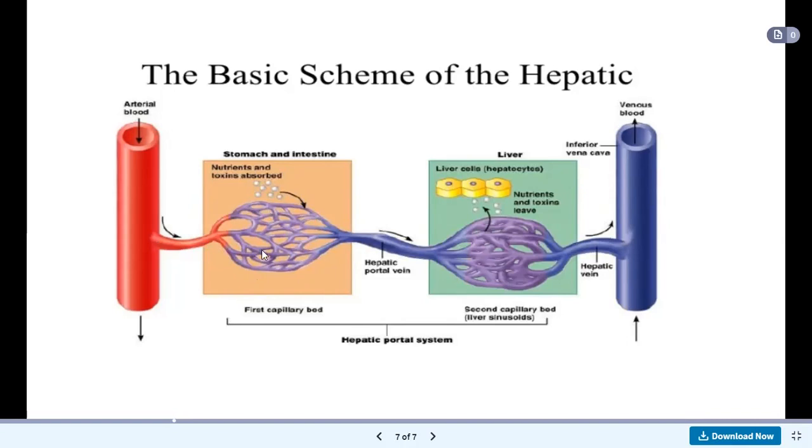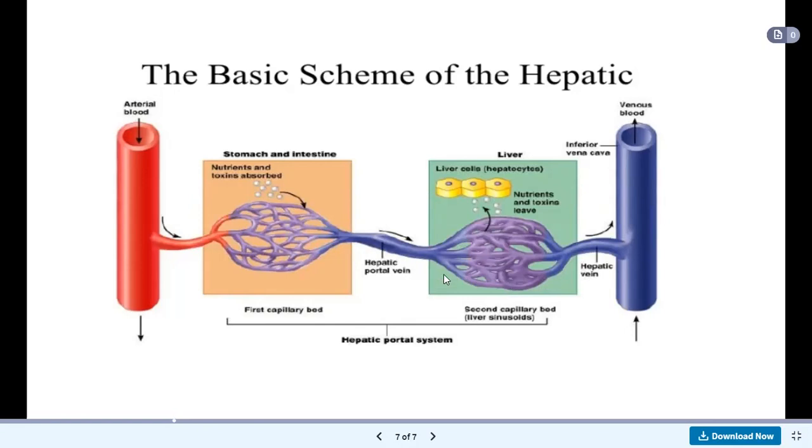And then once that blood has been used, and at the end of digestion also, the nutrients in the food, the digested product, now enter the hepatic portal vein, and brings the nutrients to the liver.